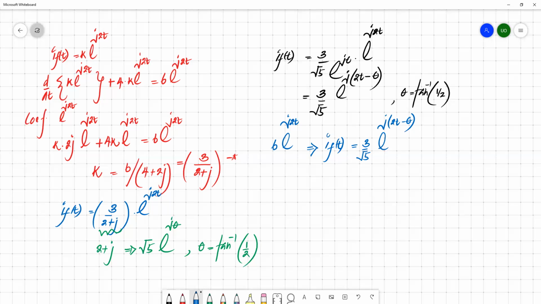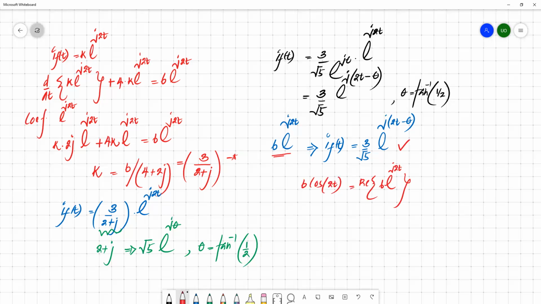So here we found that 6 cos 2t equals the real part of 6 e to the power j2t. By looking at this condition, we can claim that the response for this is the real part of this function.